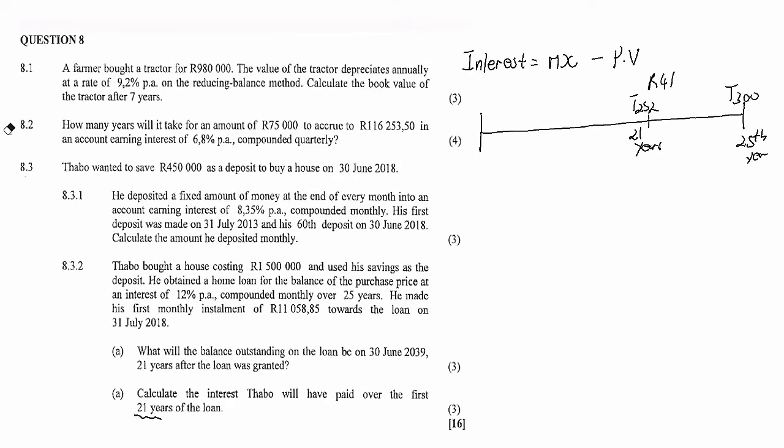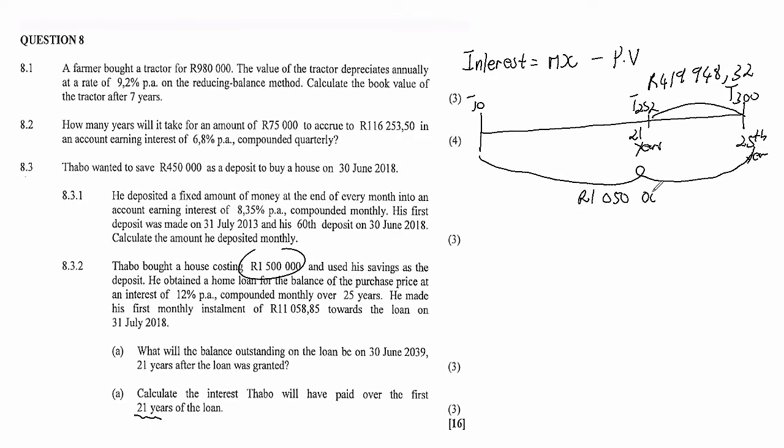So we found that the outstanding balance was 419,948.32. But then we know the value of the loan from T0 all the way to T300. We had been told here, we calculated, and then we found that it was 1,050,000. Right.